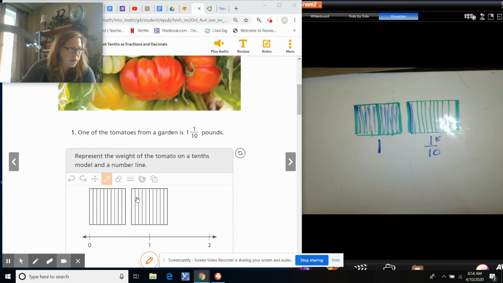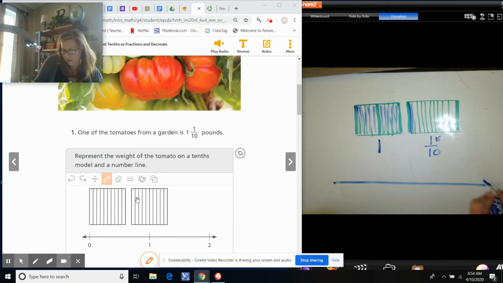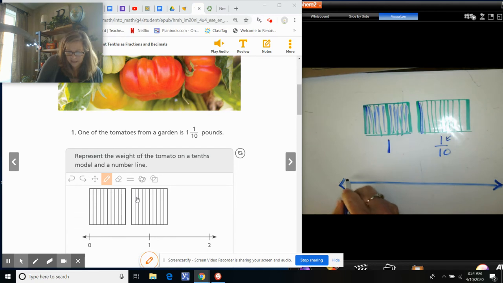But they also want us to represent it by using a number line. So you have your number line already there in your book. Take a peek at that. In this case, we have only been writing or drawing number lines that have been representing fractions. This one here, we need to represent whole numbers and fractions.